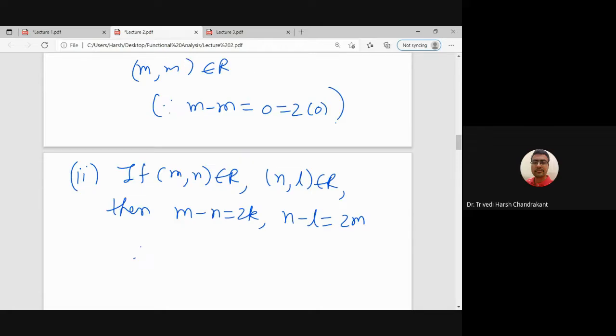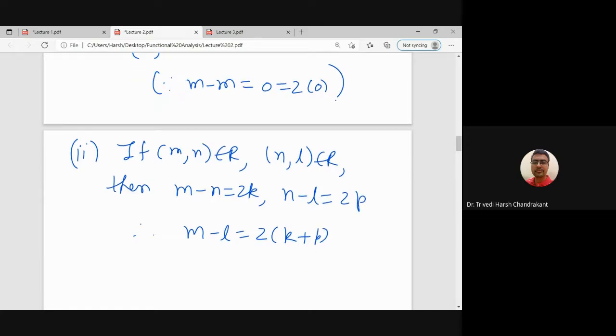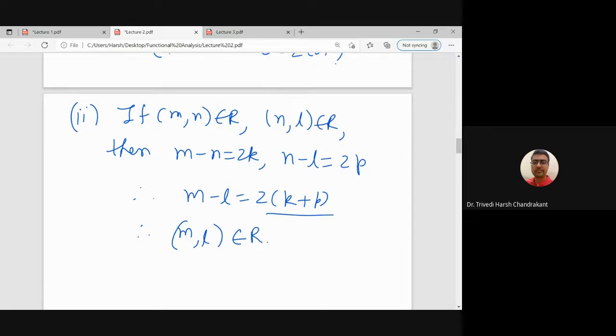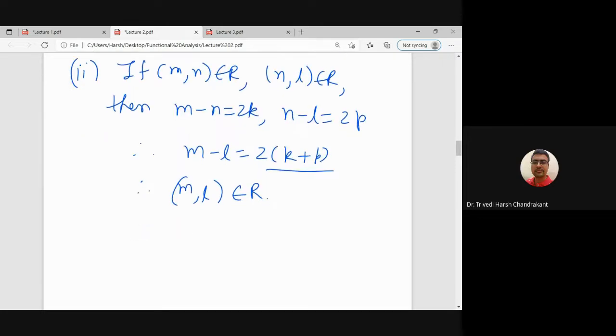If we add these two, we get m minus l is equal to 2 times (k plus, let us take some other number, p). Right, so m minus l is also an even number, so that means (m, l) belongs to R. So we checked transitivity as the second property.